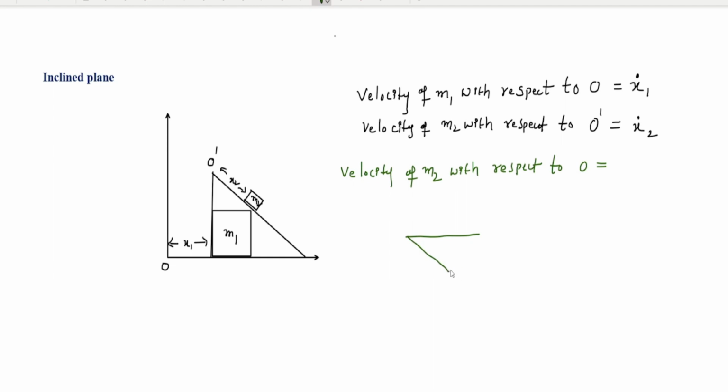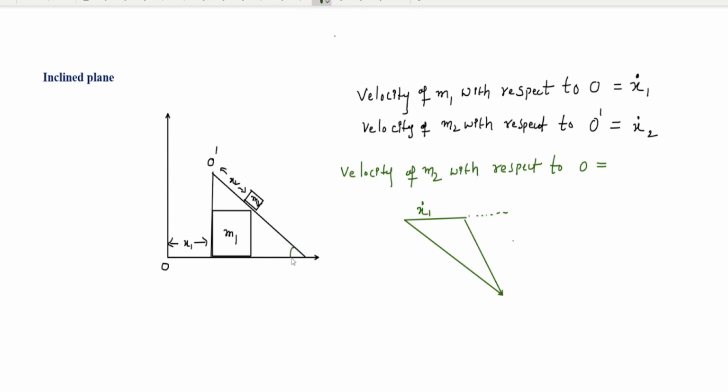Here I am going to give this one as x dot 1.